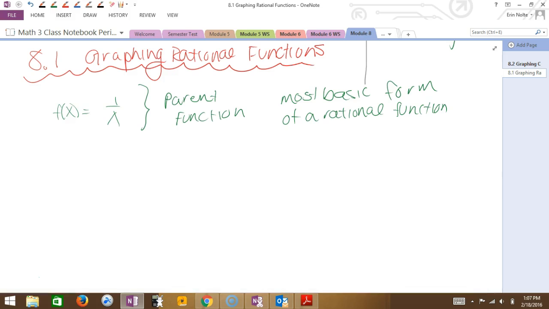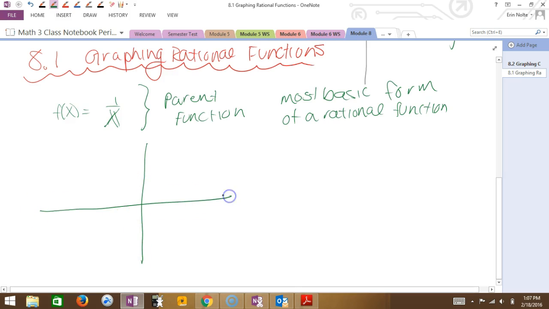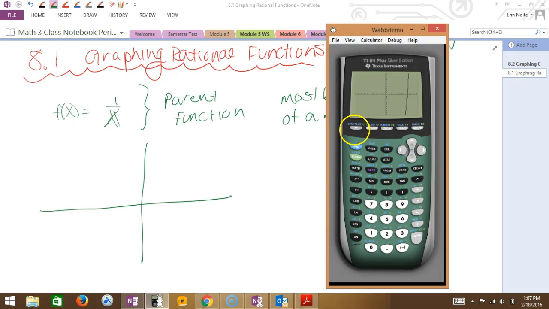So rational functions, 1 over x. We could try graphing this. And this is just going to have a shape as well. The shape is going to look like, let's try it out. Like that.